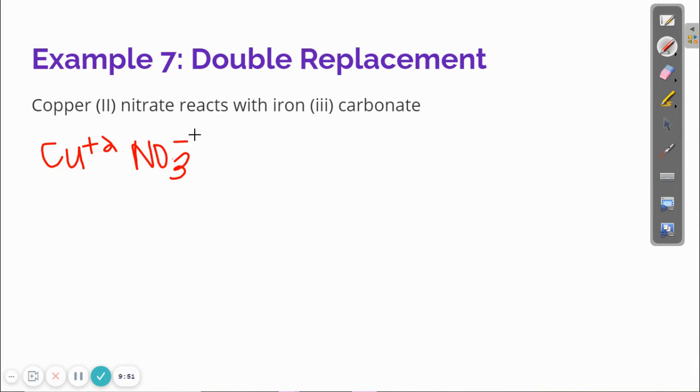There we go. Okay. Reacts with iron 3 carbonate. There we go. And I'm going to double check to make sure that's the right formula for carbonate. And that is.